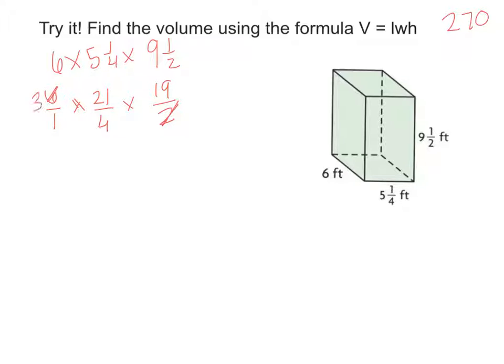There's 3 2's. There we go. I don't think I can cross-cancel anything else. So I need to do some multiplying. 3 times 21. Let's see. And I have 63. I still need to multiply that by 19. I'm just looking for my numerator right now.